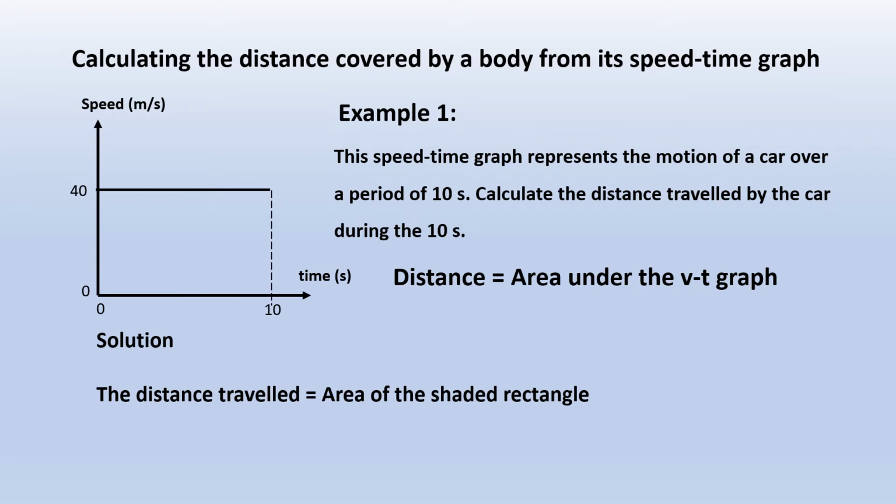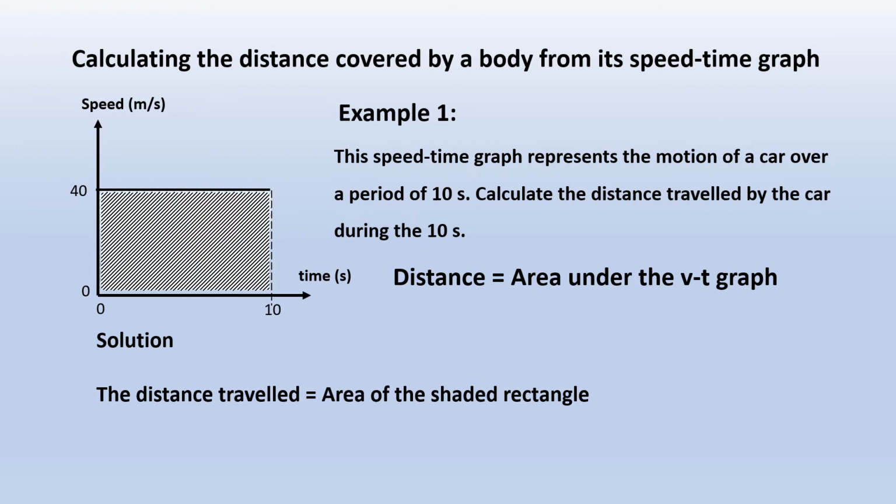Here we have to calculate the area of the shaded rectangle. And this area is equal to 40 multiplied by 10, which gives 400 meters. So the distance traveled by the car is equal to 400 meters.